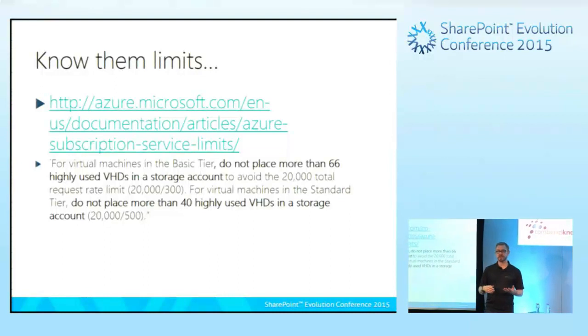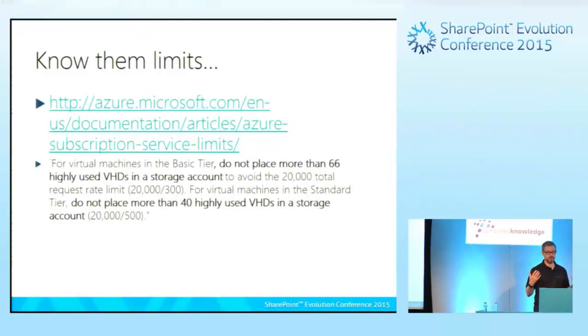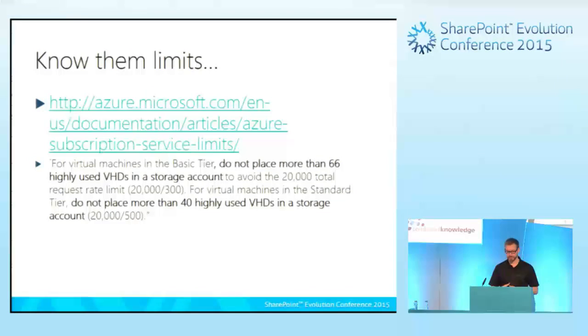So I said you can have 16 disks on a machine. And if you have a large search server farm, that might come into account. Then you can perhaps only have 5 or 10 servers in that storage account. So you need that planning. Otherwise, you're limited by the servers, and your end users will start complaining. So that's really important. And that was for basic machines.